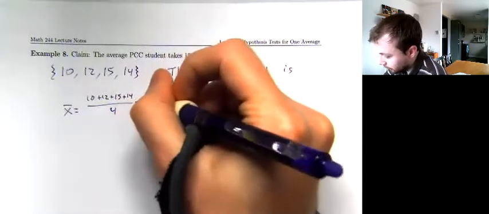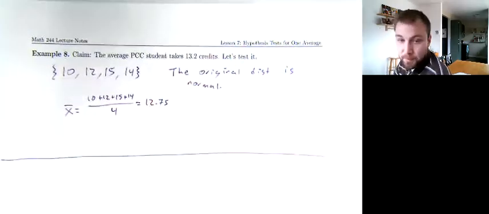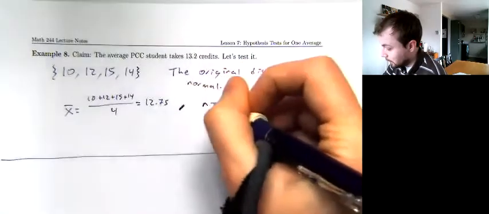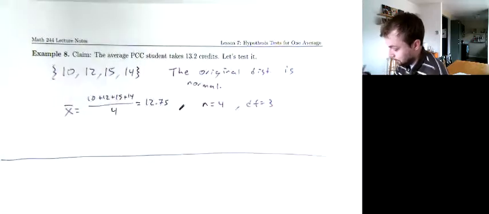And I get an average of 12.75. And I'm finding that I spend just like way more time on the setup than I do the actual problem. I'm looking at 4 samples, so my degree of freedom is going to be 3.